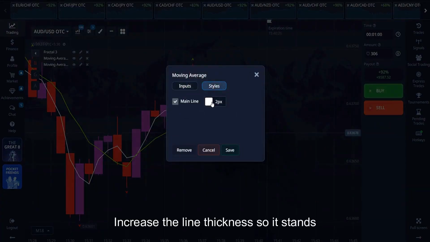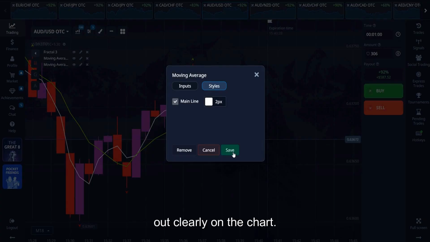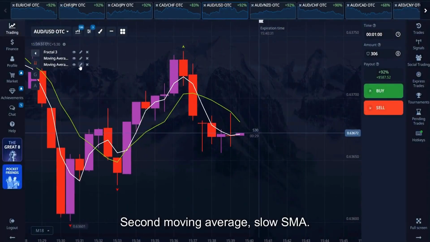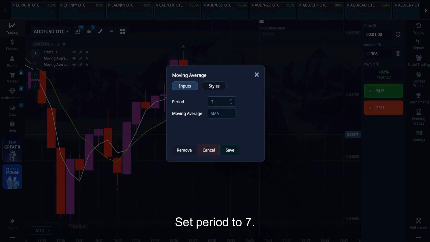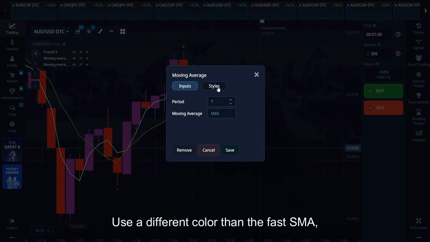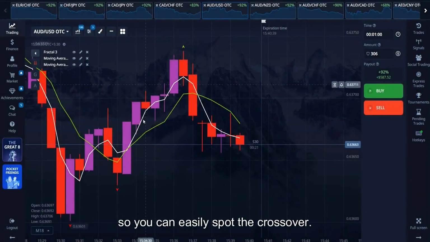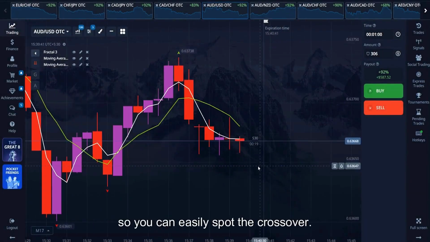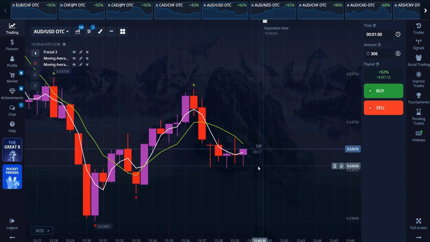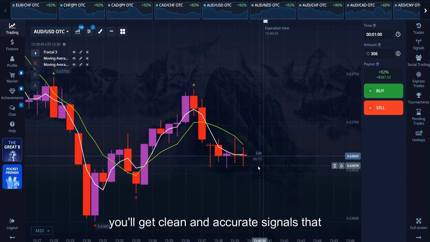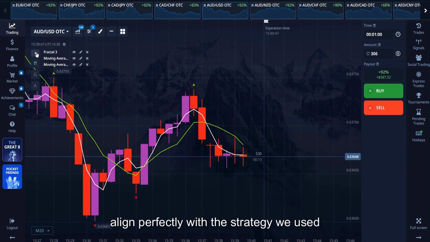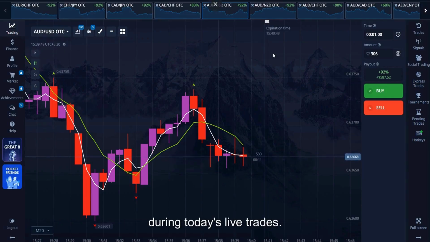Increase the line thickness so it stands out clearly on the chart. Second moving average, slow SMA. Set period to 7. Use a different color than the fast SMA, something like red or blue, so you can easily spot the crossover. With this setup in place, you'll get clean and accurate signals that align perfectly with the strategy we used during today's live trades.